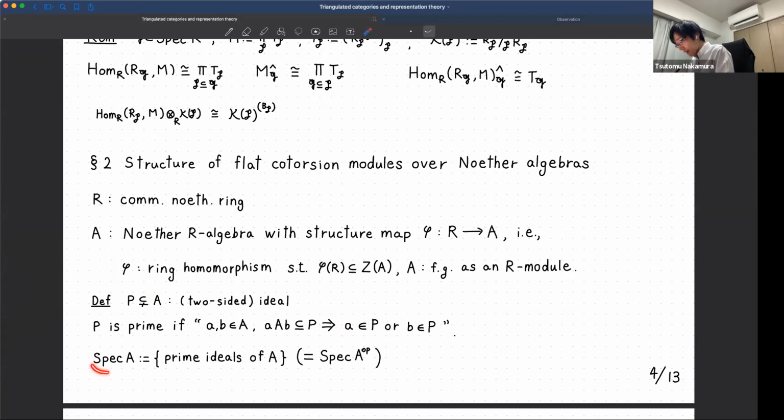I will denote by Spec A the set of prime ideals of A.